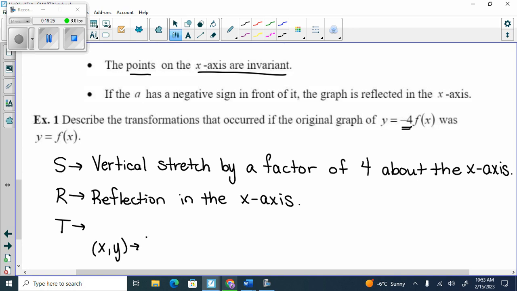XY becomes X. Instead of just -y, it's actually going to be what this time? And what's my A? -4y. So stretches and reflections multiply the variable, translations add and subtract to the variable. Okay, then we're going to flip over.